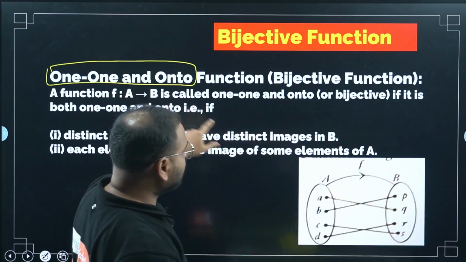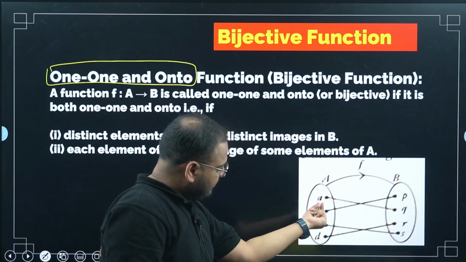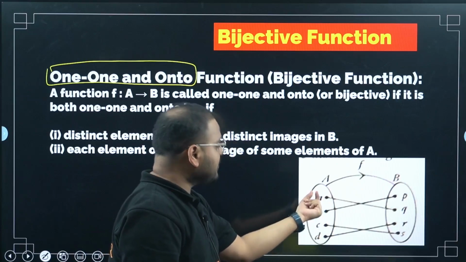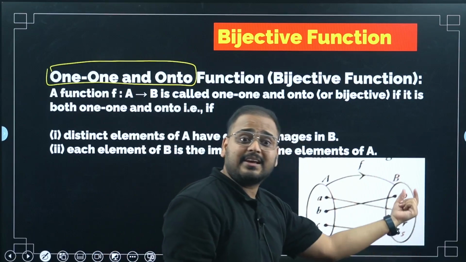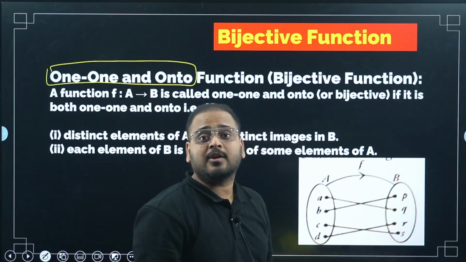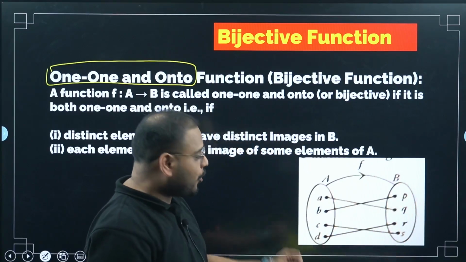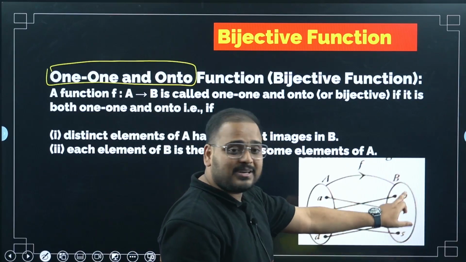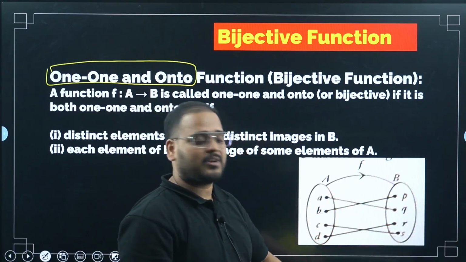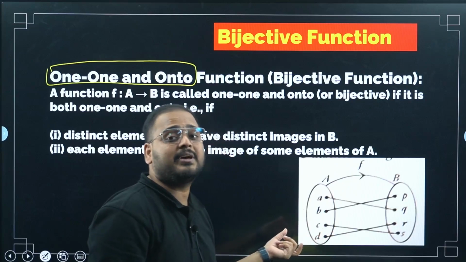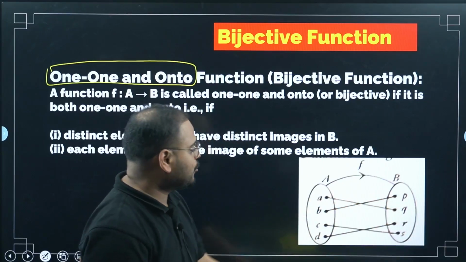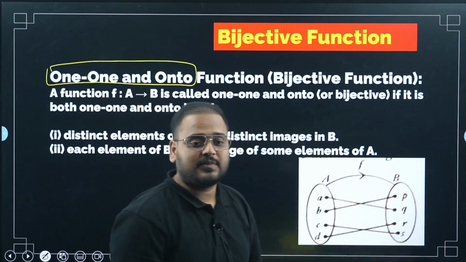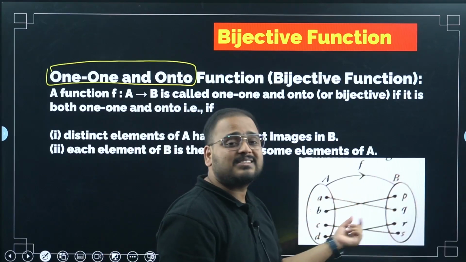So one-one onto means for every element in the domain, there exists a unique element in the codomain. Also, none of these elements are left out. Everything is connected with some pre-image. So domain and codomain are equal, range and codomain are equal, and the uniqueness is also there.